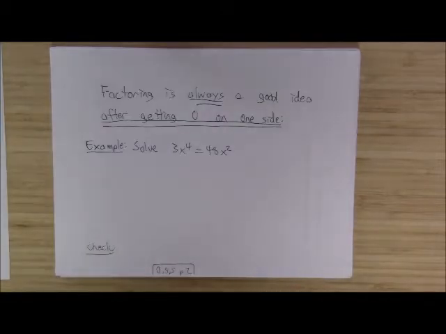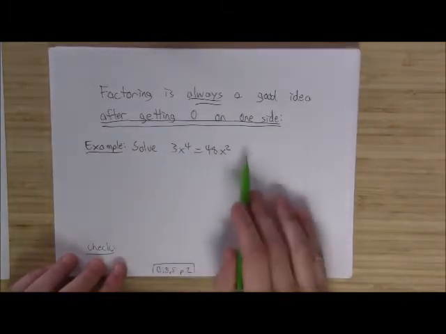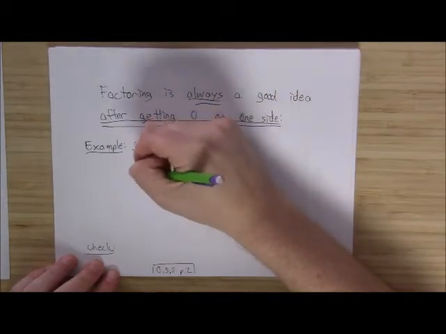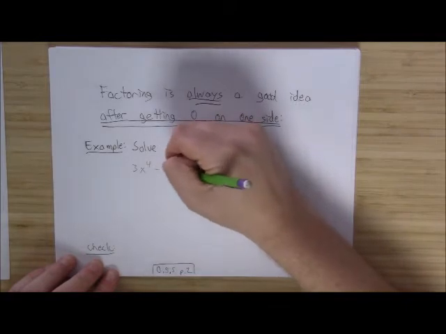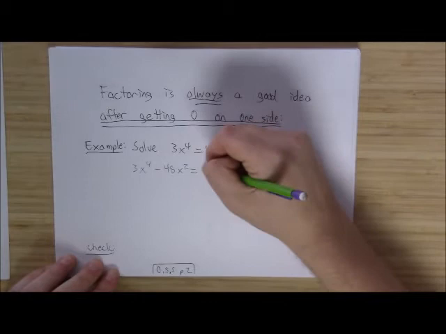There is, and factoring is always a good idea for solving any sort of polynomial equation, assuming you have 0 on the other side. So for example, if I want to solve this, a natural thing to do here is take all my terms to the other side. x to the 4th minus 48x squared equals 0.